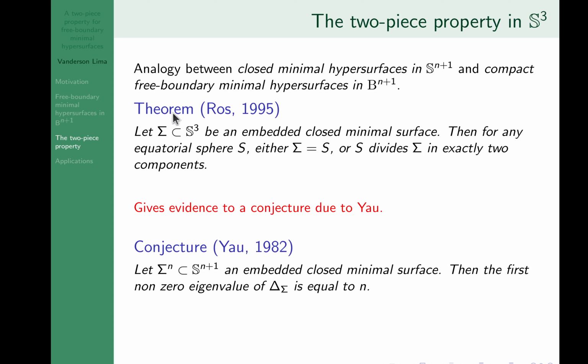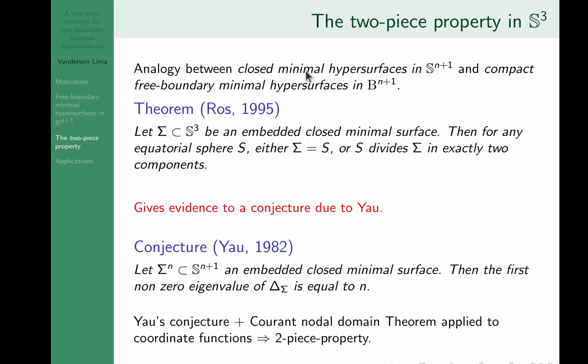Then the first nonzero Laplacian eigenvalue of Sigma is equal to n. The two-piece property gives evidence to the conjecture: I can combine the statement of the conjecture with the Courant nodal domain theorem to prove the two-piece property.